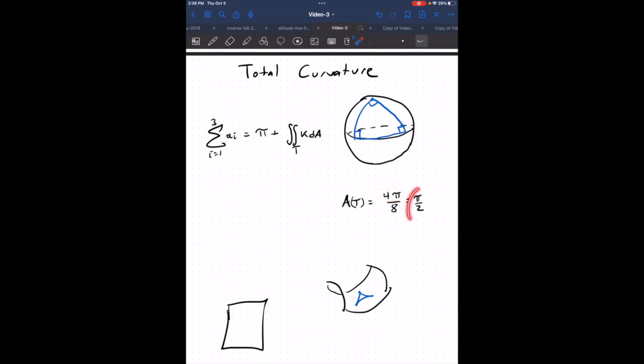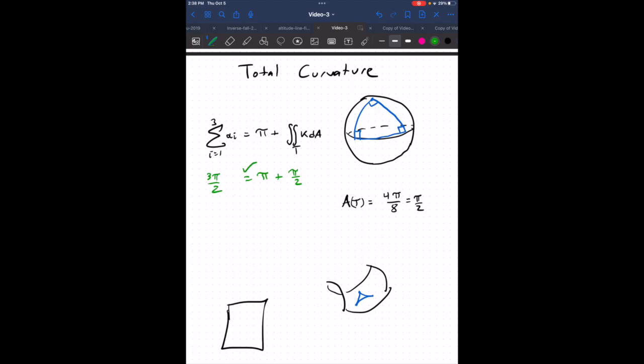If we divide by 8, we get pi over 2. So if we integrate this thing, curvature is 1 everywhere. We're just going to get the area. So on the right-hand side, we're going to get pi plus pi over 2. And on the left-hand side, all three of these angles are right angles, so we'll get 3 pi over 2. And we see that this formula checks out.